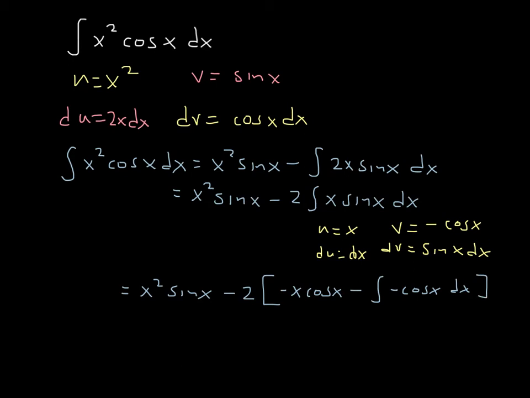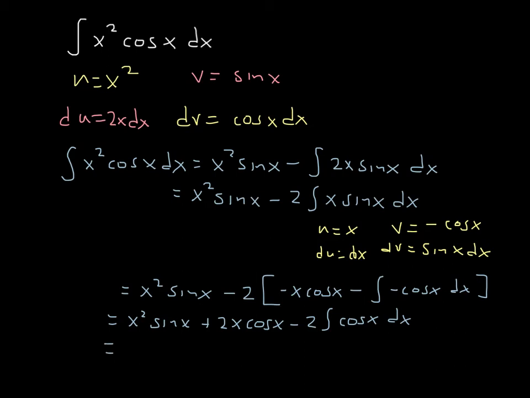Simplifying that a little bit further, that's going to equal x squared sine x plus 2x cosine x minus 2 times the integral of cosine x dx. And again, we know the integral of cosine x is sine x at this point, so we're able to finish that one off.